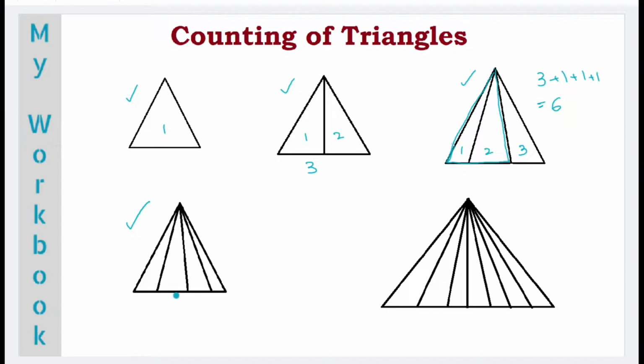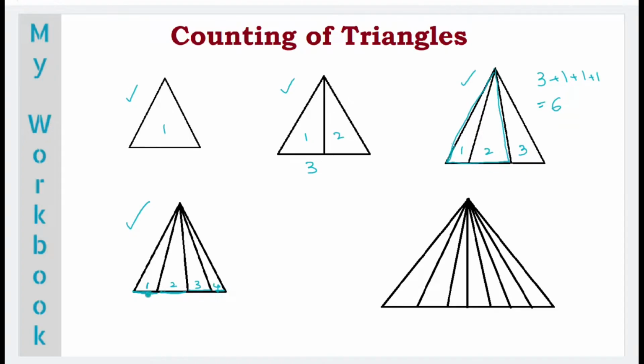Take the line which acts as the base. It is this horizontal line, and mark the number of segments that it has been divided into. That is, this short line is one segment, so I number it as 1. Next segment, this is 2, and there is one more, 3, and here it is 4.